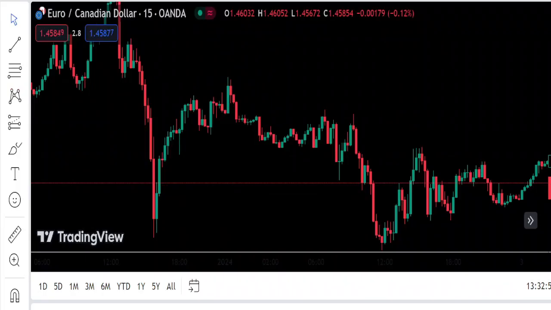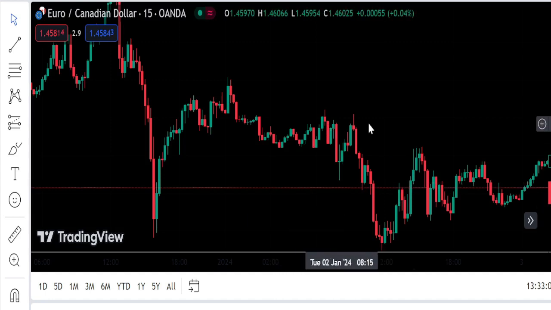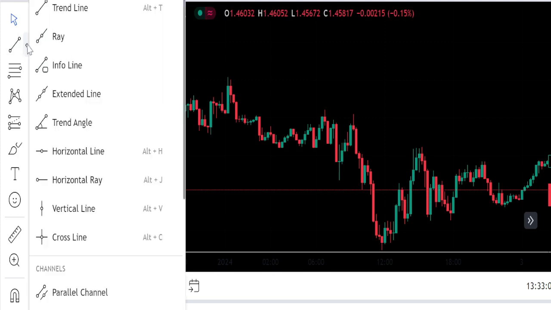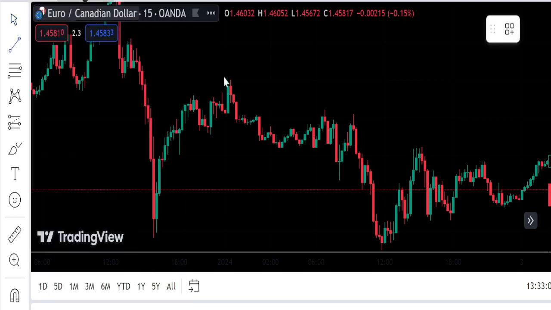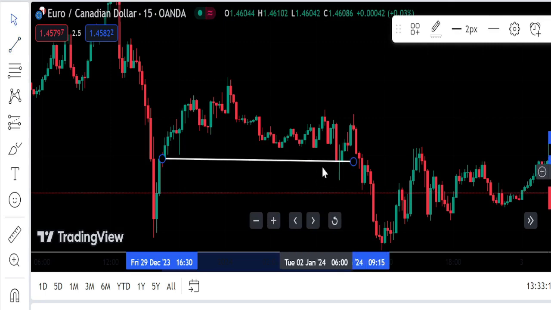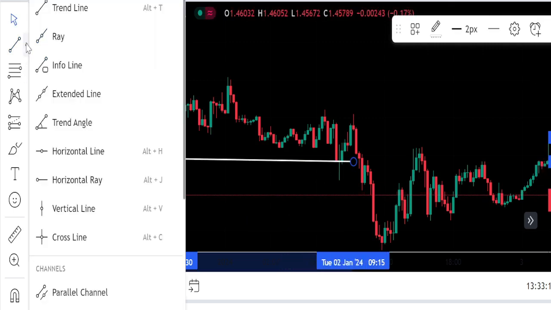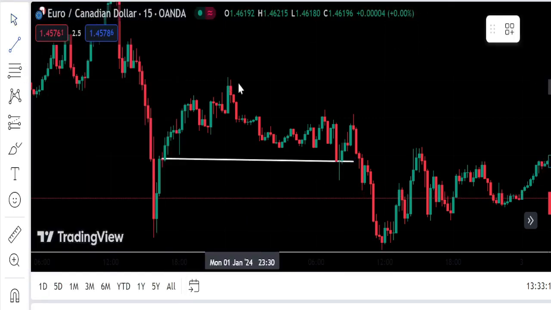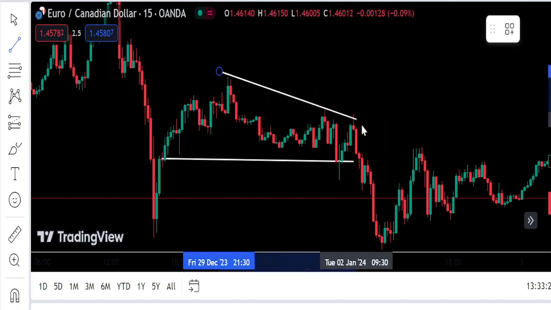So let's look at this chart if we can spot our bearish triangle. So let's say this is our constant line here, and we could also say that this is our lower high that has been formed on this upper trend line here.